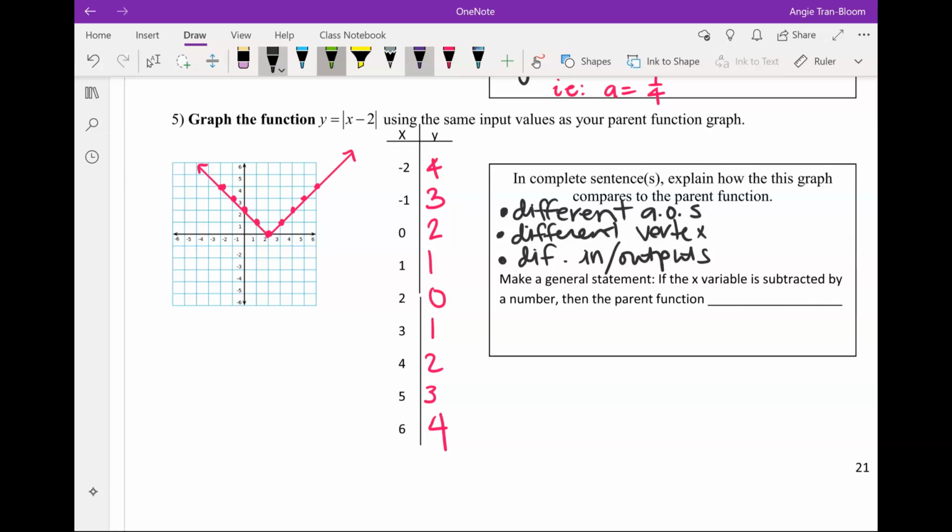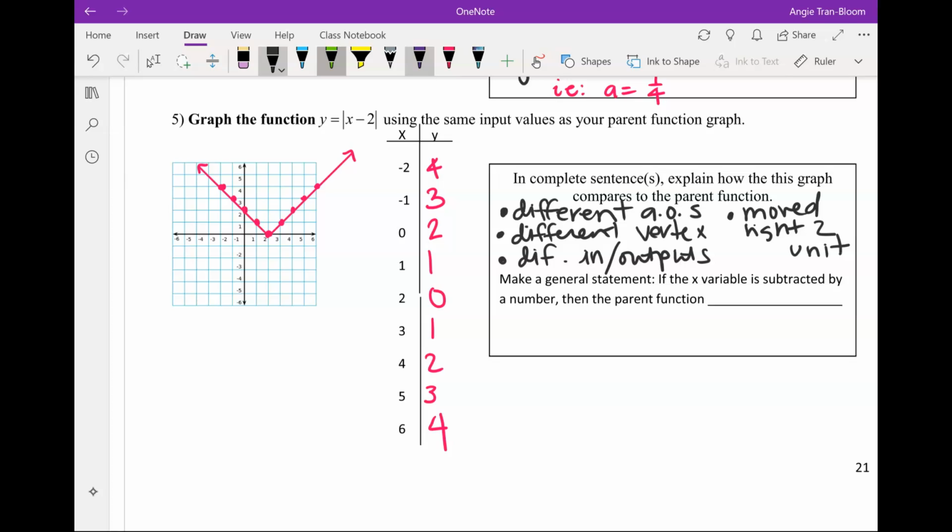At 2, 0. So, where did it move? Up, down, left, or right? To the right. Whoa. When you took away 2, it moved to the right how much? 2. Moved right 2 units.